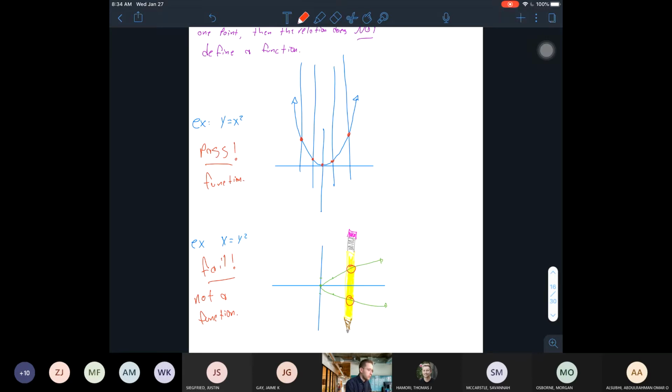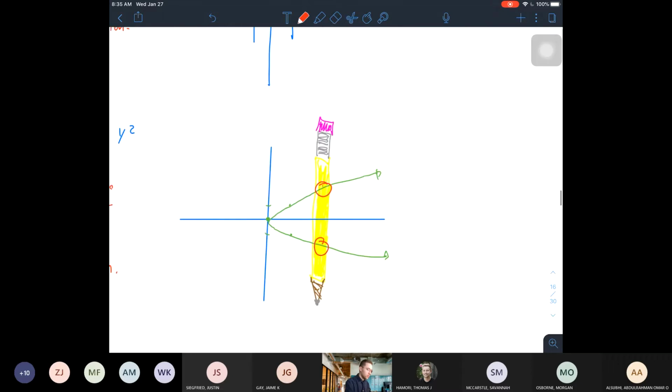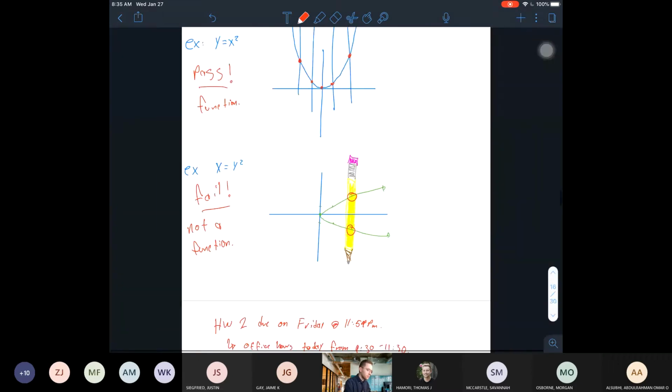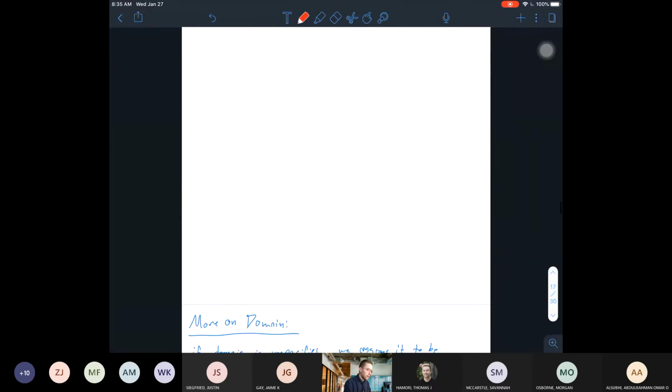We had 2 examples here of some parabolas. If we have an upwards facing parabola, it's okay. If we have a downwards facing, or a sideways facing parabola, then it's going to fail our vertical line test because of those 2 red circles there. That's a problem. Okay, so that's where we were last time.